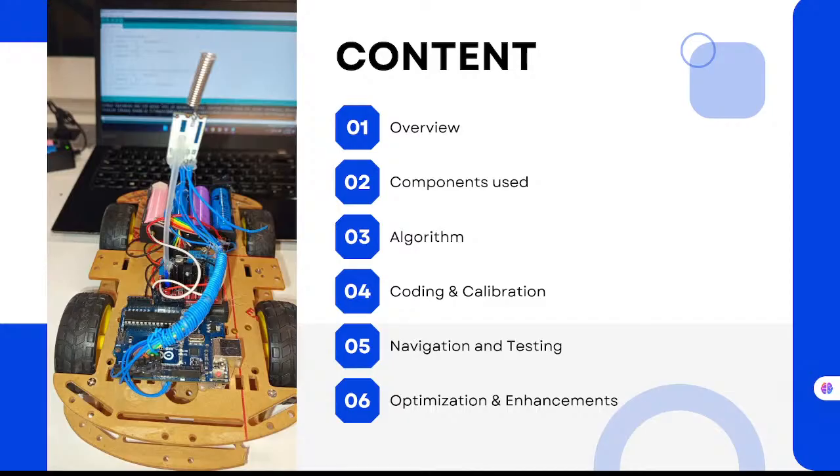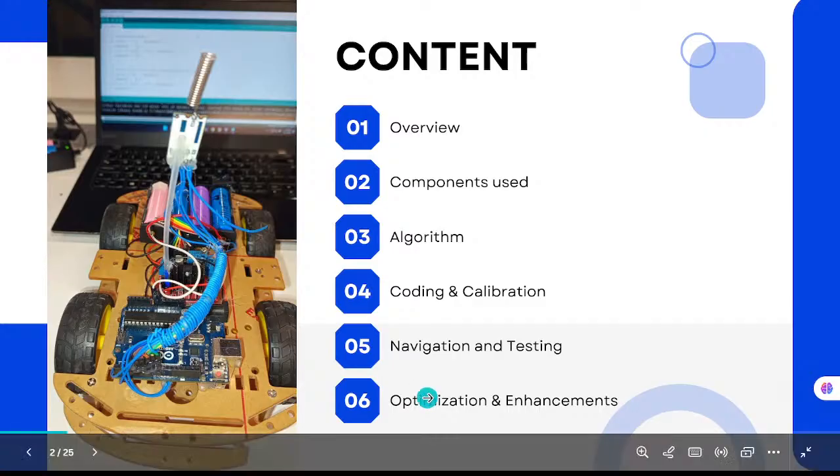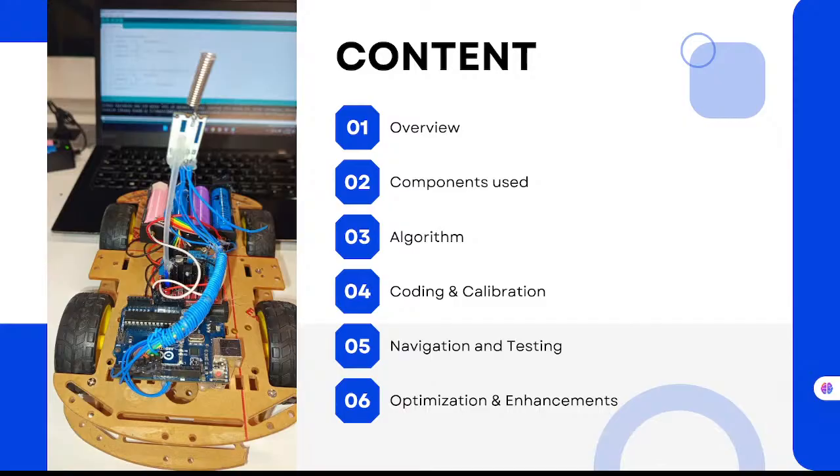We are going to fine tune those parameters of adjustment, like the speed and the sensor sensitivity, and we are going to test. Then optimization: how are we going to make our robot more efficient, and enhancements: how are we going to enhance our robot to be more versatile. So let's just get started.